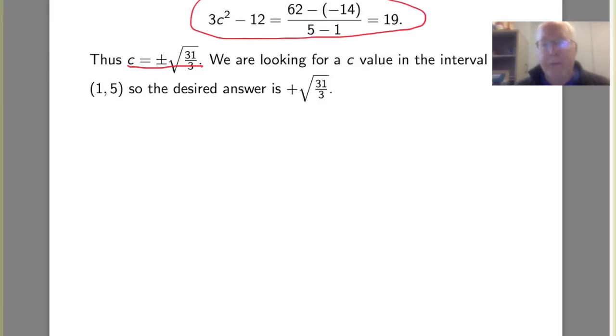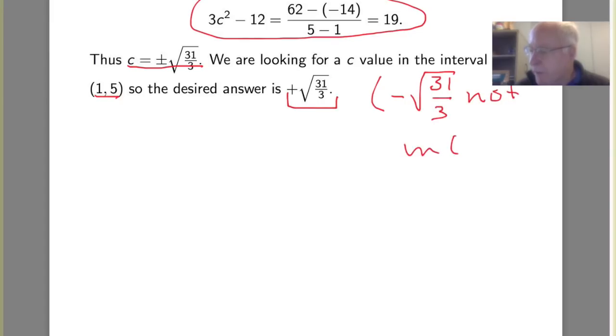Now we're looking again for c in the interval from 1 to 5, so the negative square root doesn't count, it falls outside that interval, so the only answer we keep is this one. The minus root 31 over 3 is not in the interval 1 to 5, so it's not the answer we were looking for in this case, and we just discard that solution.